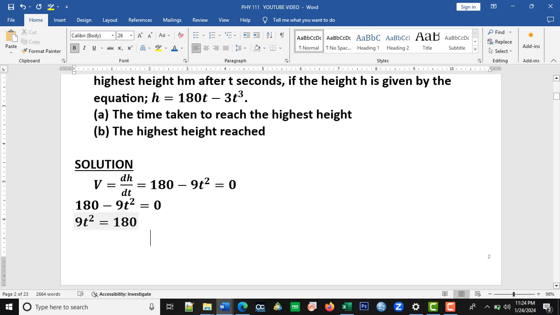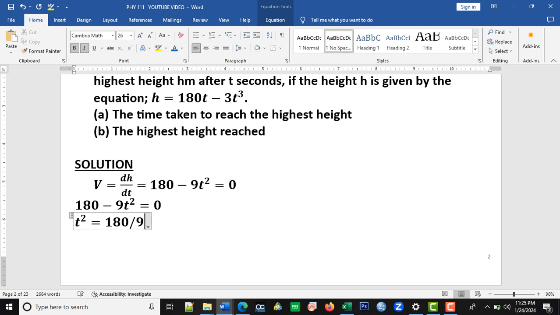Since I am solving for t, we are going to divide both sides by 9. So when we do that, we will have 180 divided by 9. Okay, so this would be the new expression. Then 180 divided by 9 is going to give us 20.